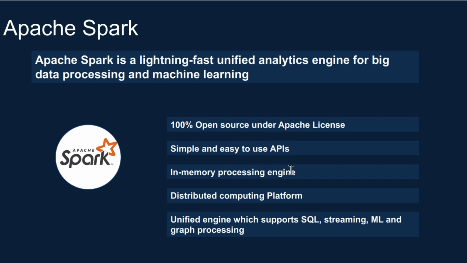Spark can be 100x faster than Hadoop for large-scale data processing by exploiting in-memory computing and other optimizations. Similar to most other big data engines, Spark runs on a distributed computing platform, and Spark has a unified engine to support varying workloads.